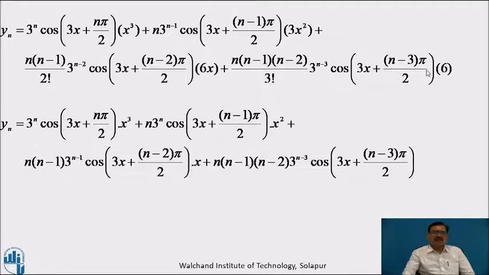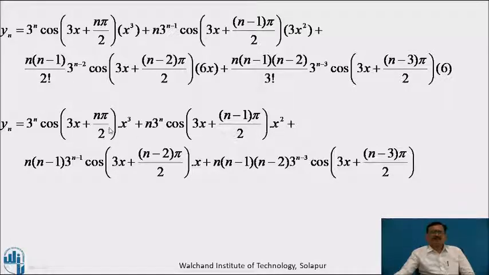Further simplifying, what you get? First term, 3 raised to n as it is, cos of 3x plus n pi by 2 into x cube, plus n into 3 raised to n minus 1 into cos of 3x plus n minus 1 pi by 2 into x square, because you have already taken 3 here, that is 3 raised to n minus 1 and 3, we have taken 3 raised to n.